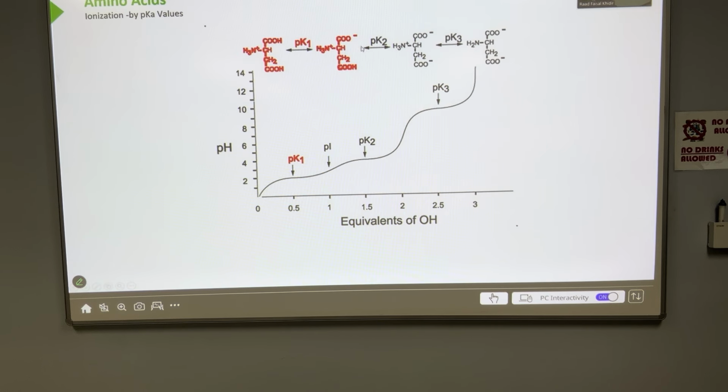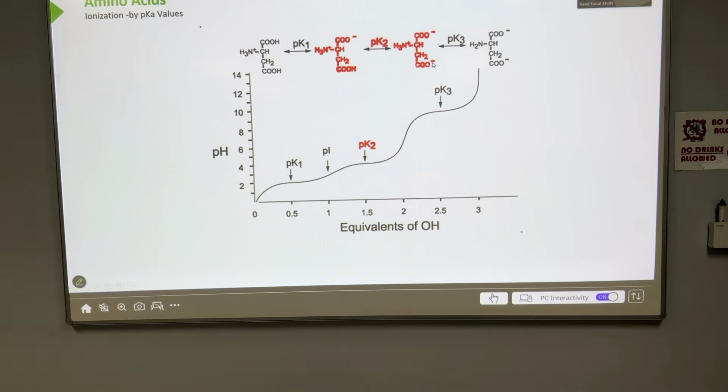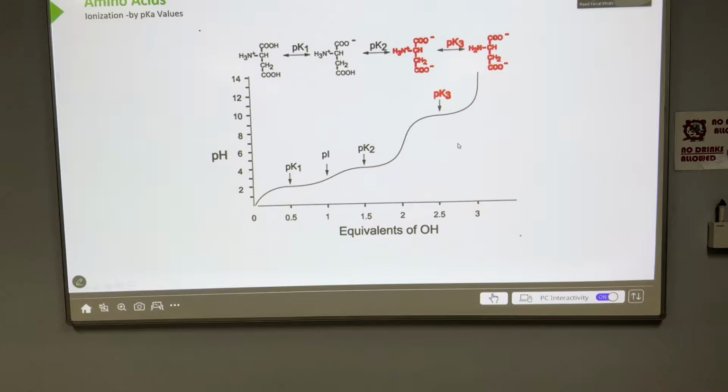Then we increase the pH, and this terminal is going to lose another proton. And as you increase the pH, the NH3 is going to lose another proton. That shows you that these groups are ionizable and they are affected by the change in pH. The more the pH increases, the more deprotonation, the more hydrogen protons we lose.